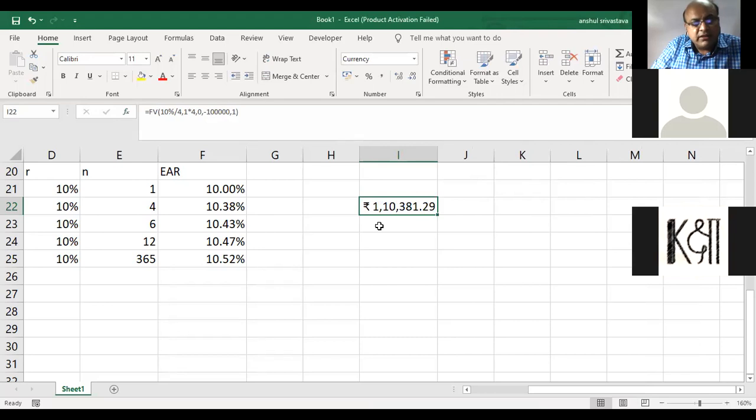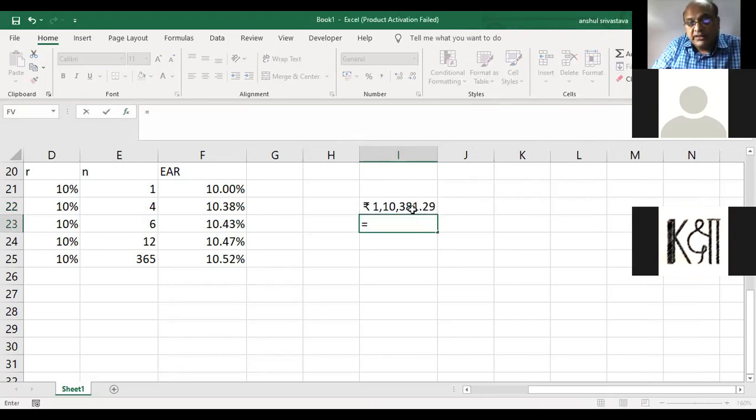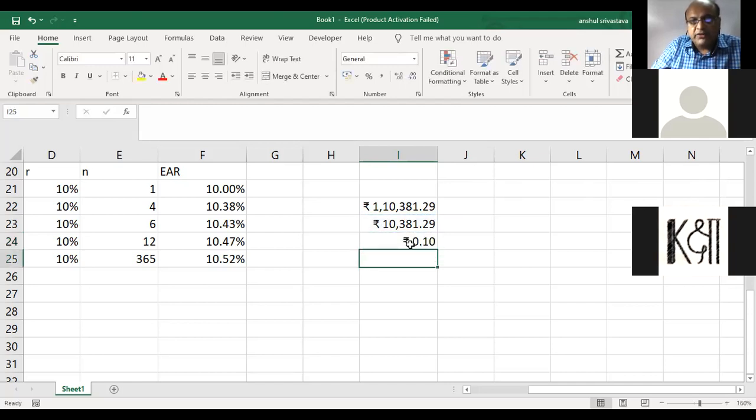So see this, the future value is 1,10,381. The interest that you are getting is this minus 1 lakh, that means 10,381, and this divided by 1 lakh. The rate of interest that you are getting on your investment is 10.38%, which is the same as the effective interest rate that we calculated.